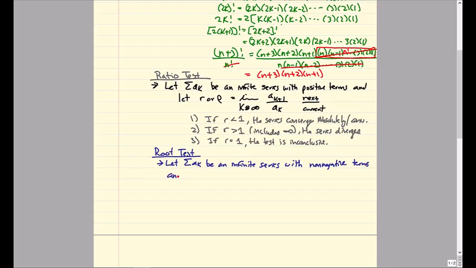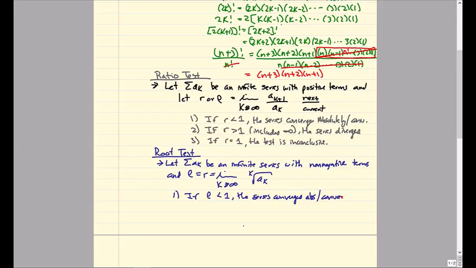And we have this value of rho, and we talked about the rho up here. So rho, or R, would equal the limit as k approaches infinity of the kth root of a sub k. So we have three things that can happen. One, if rho or R is less than 1, the series converges absolutely.